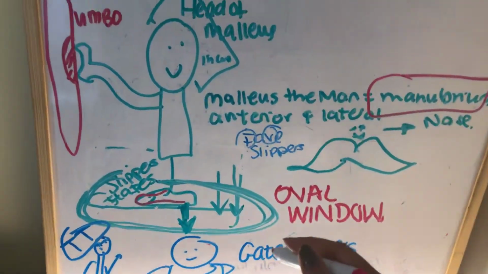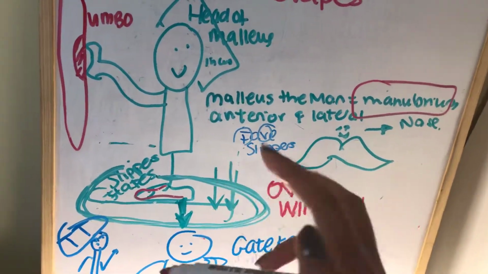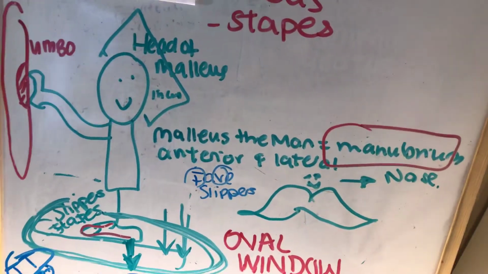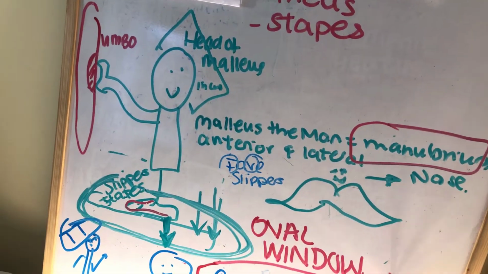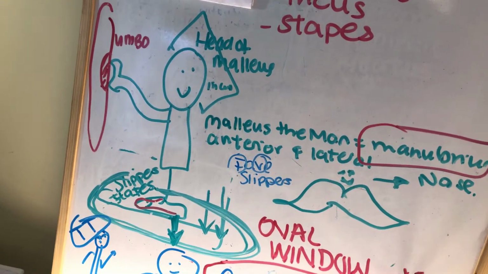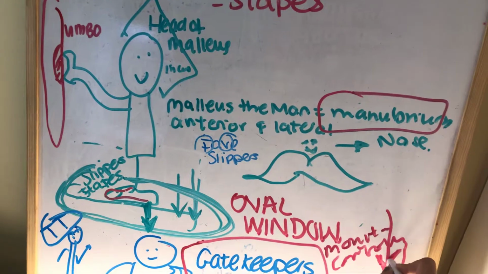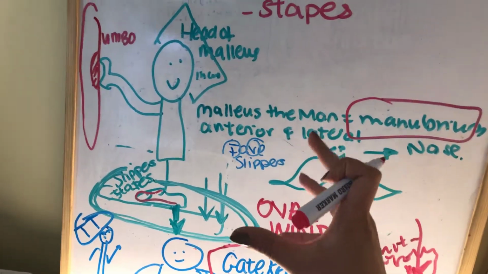Now, underneath the oval window, we have two gatekeepers, and these gatekeepers are responsible for monitoring and controlling the level of sound and the level of noise that we hear, because sometimes noises can be really high.